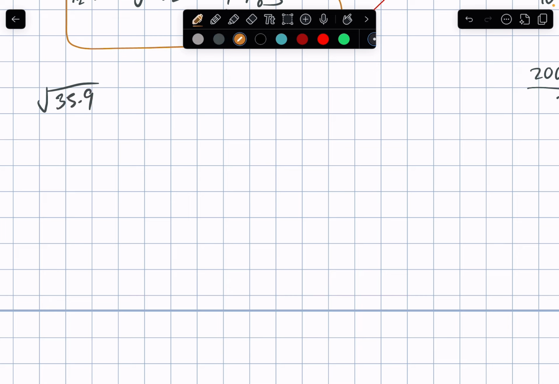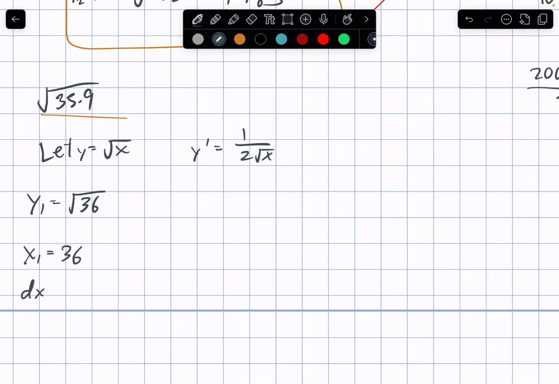Square root of 35.9. So let y equal to the square root of x. Let's try square root of 36. Something very close to square root of 35.9. Okay.